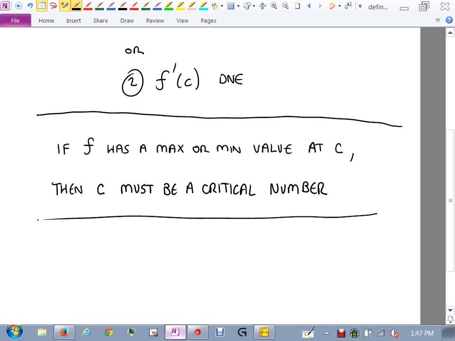If f has a max or min value at C, then it must be a critical number.